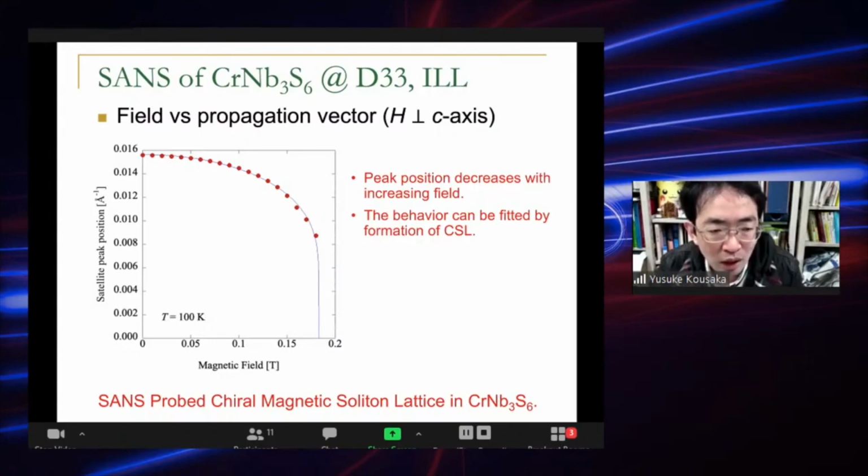This behavior is very well fitted by the theoretical calculation for the formation of the CSL. This means that it can be very good evidence for the formation of the chiral soliton lattice in this compound.